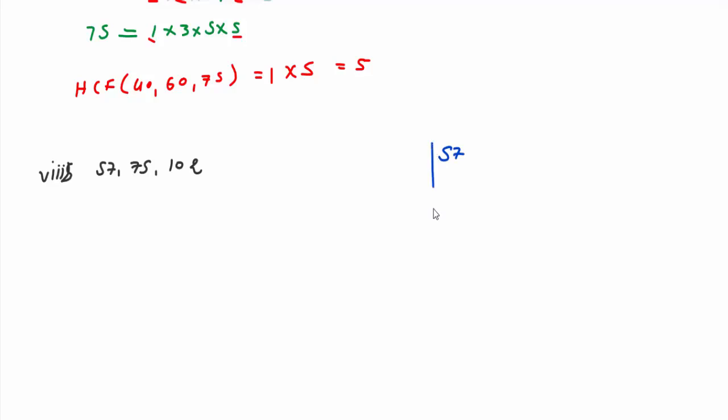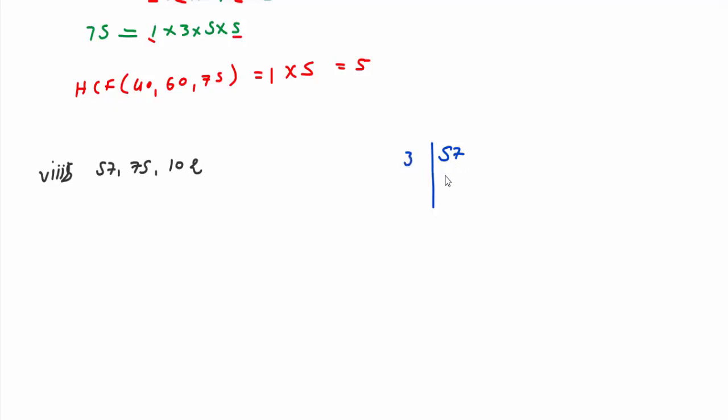So 57, as we know that the unit place is 7, so let's try to divide the number by 3. The smallest even prime number is 2. After 2, 3 is the prime number, so start with 3 because the unit place is 7.